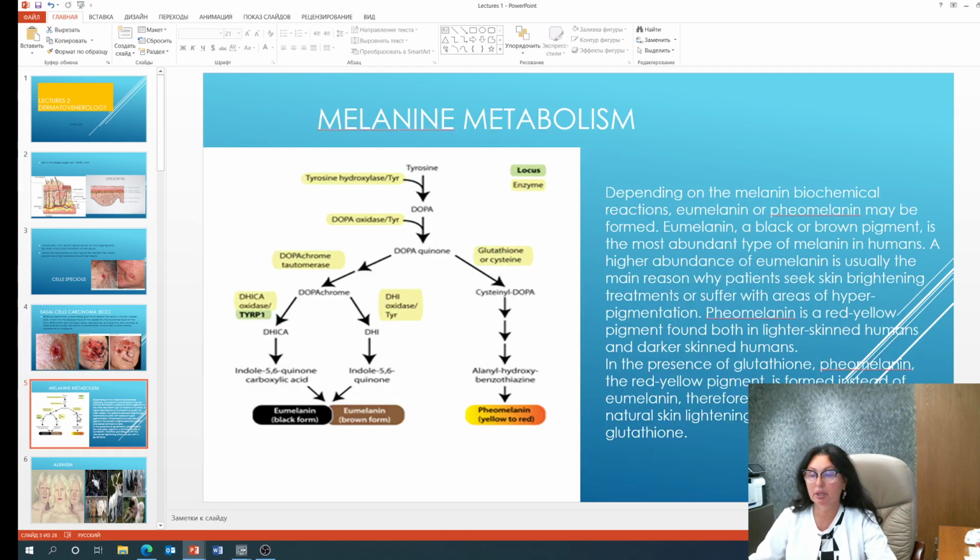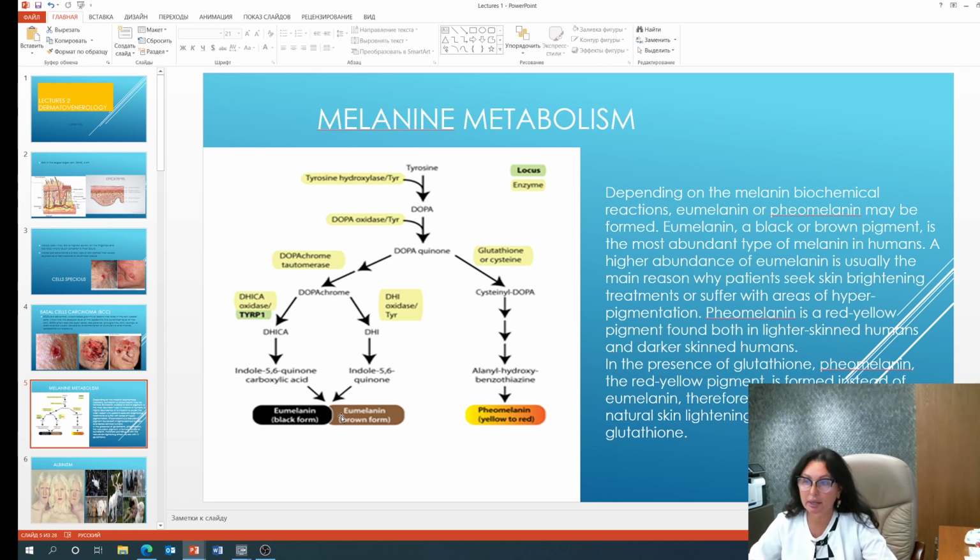Melanin metabolism is important now. Different melanin present in the epidermis depends on the melanin biochemical reaction. Eumelanin or pheomelanin may be formed. Eumelanin, this black or brown pigment, is the most abundant type of melanin in humans.